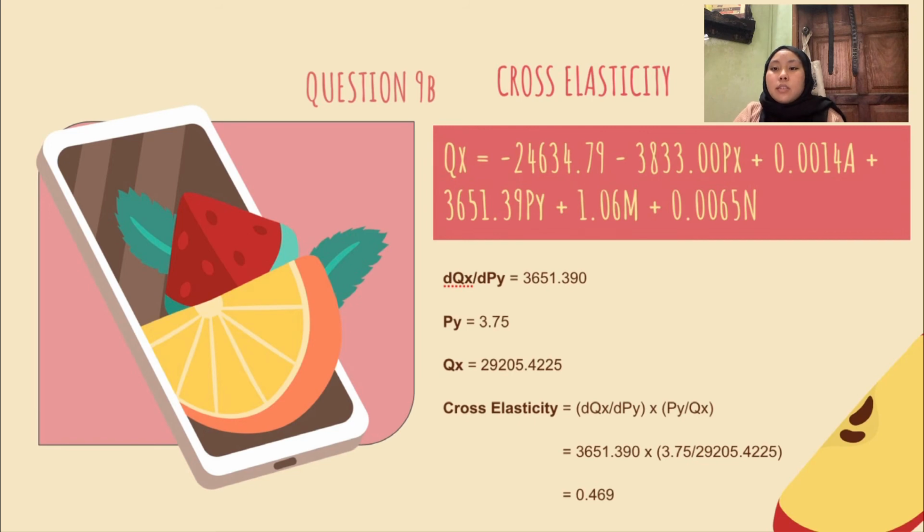Next is cross elasticity. The dQx over dPy is 3651.390 from the demand equation, and Py is 3.75. Then substitute the values into the formula of cross elasticity, which is dQx over dPy times Py over Qx, and the answer is 0.469.